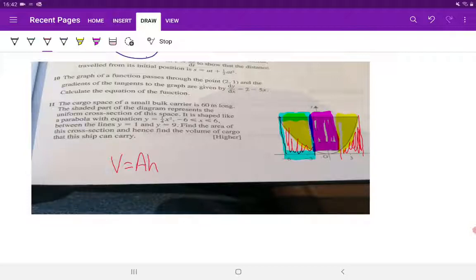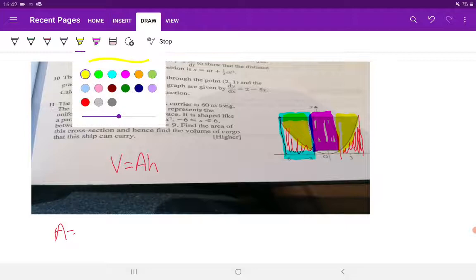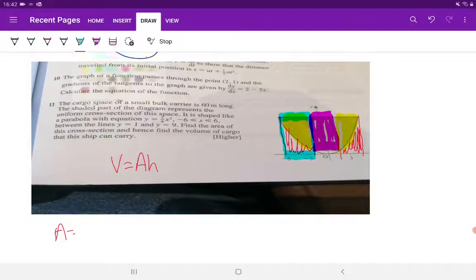So the area, first of all, of the blue bit. We are told that we are going between 9 and y equals 1, but the whole distance there is actually going to be 9, because we're going all the way from 9 to 0.